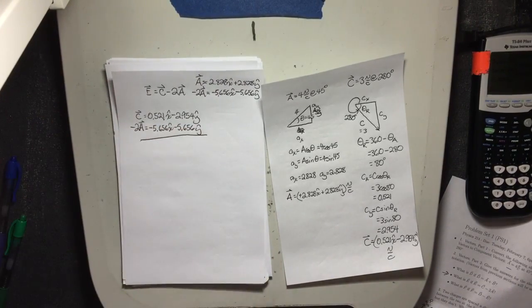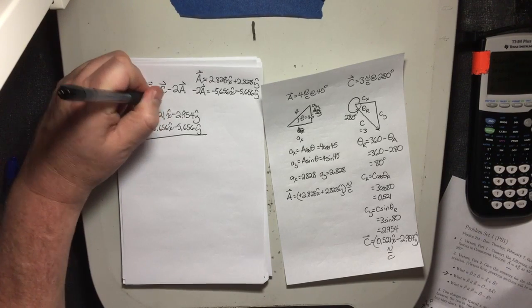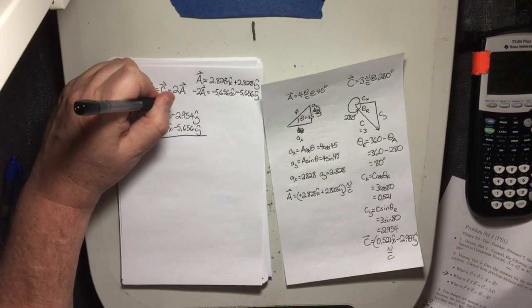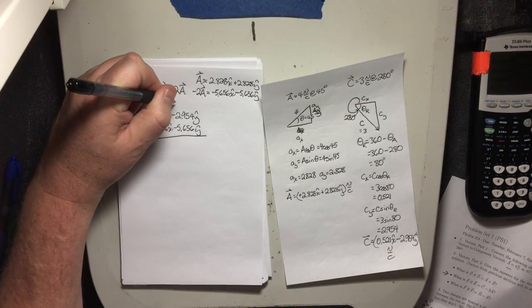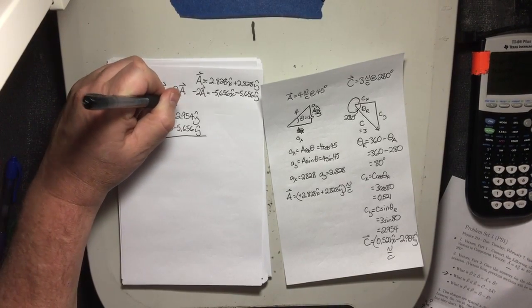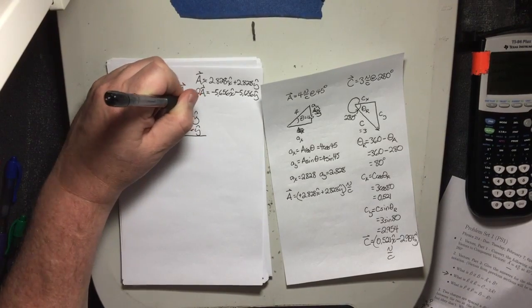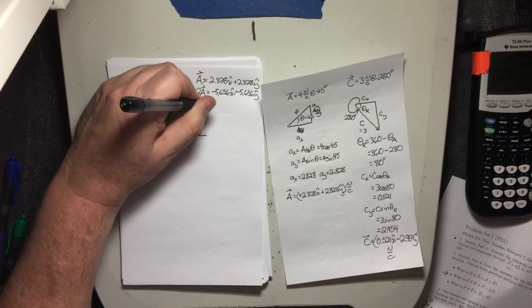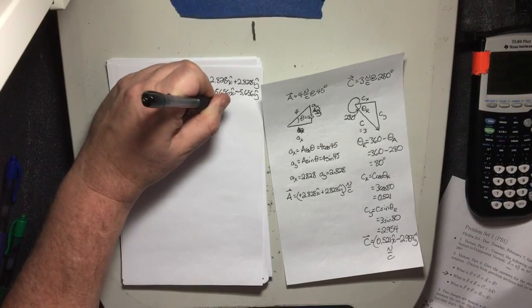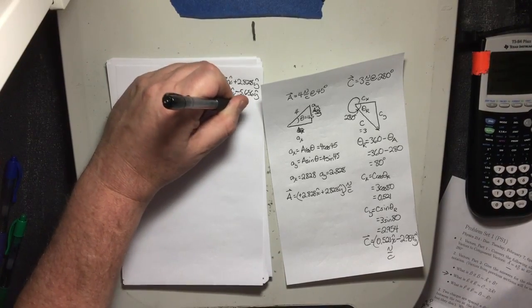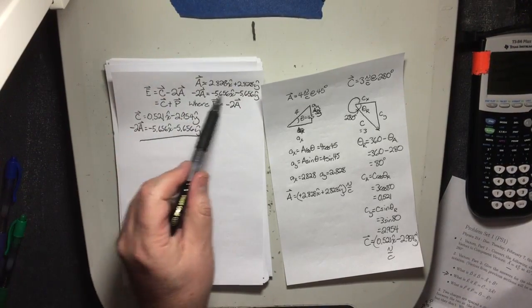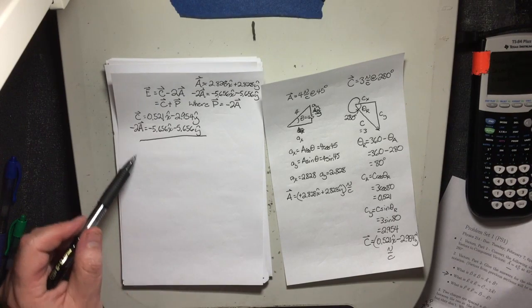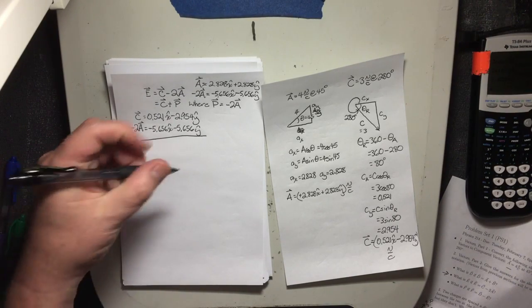Now we add them together. Effectively, what I'm doing is C plus, pick any type of letter you want, P, where the vector P is negative 2a. And negative 2a is this. So just add these together.